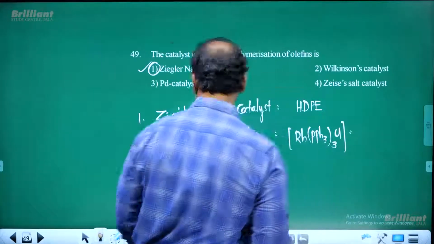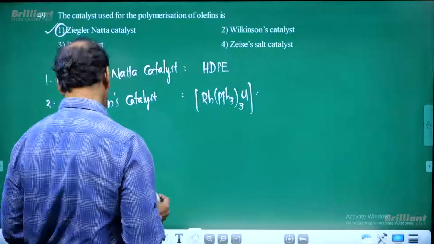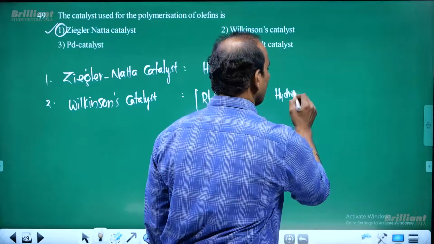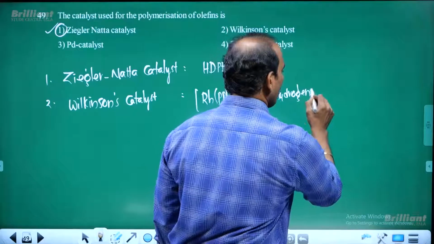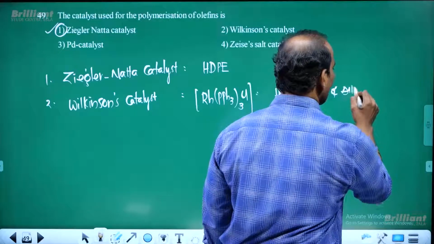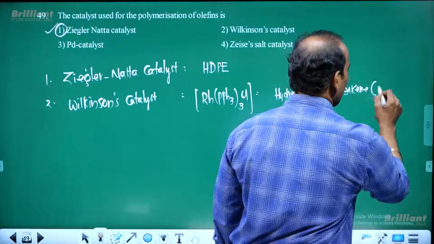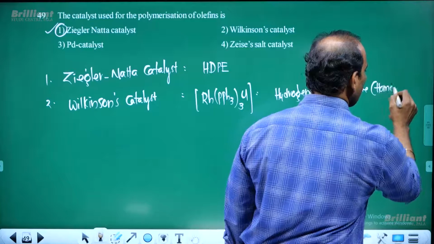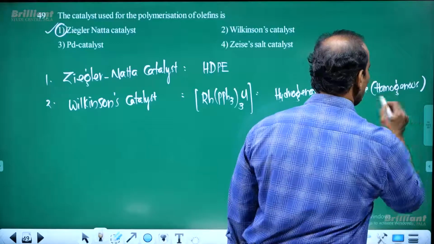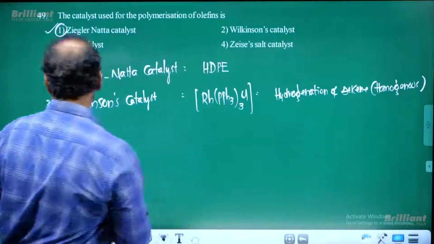It is used for hydrogenation of alkenes. Then homogeneous catalysis, that is important. What is the next one?